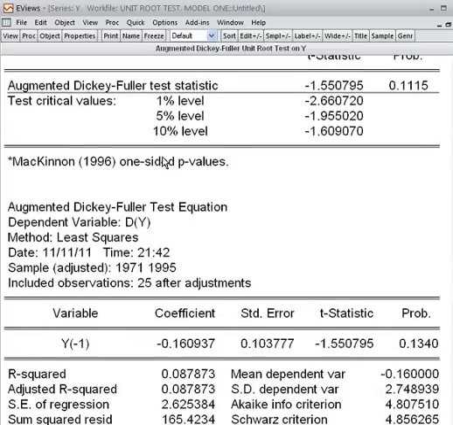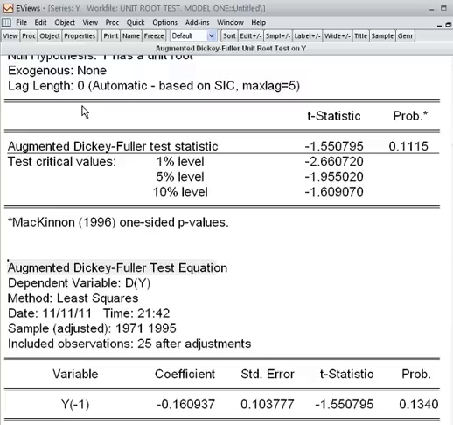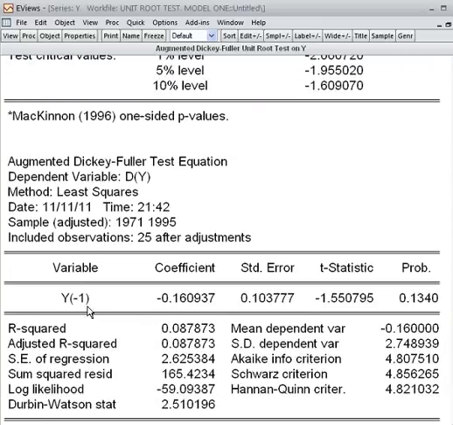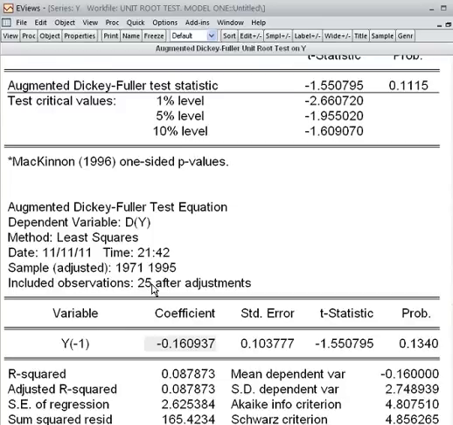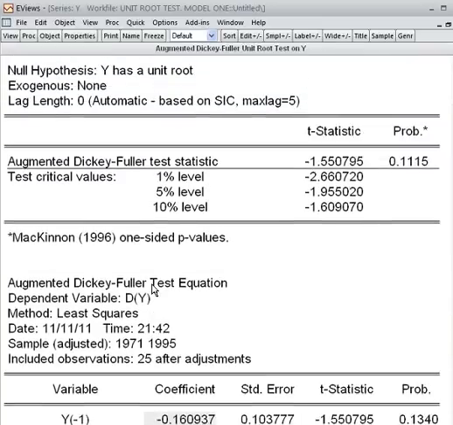And what about the model? The augmented Dickey-Fuller model having none. You see here is none, right? No intercept or no trend. But the coefficient value is negative. So the model is alright and viable. Okay, so what is our decision?